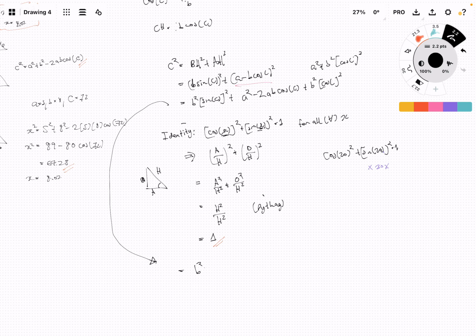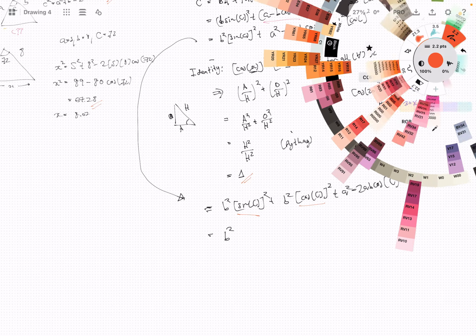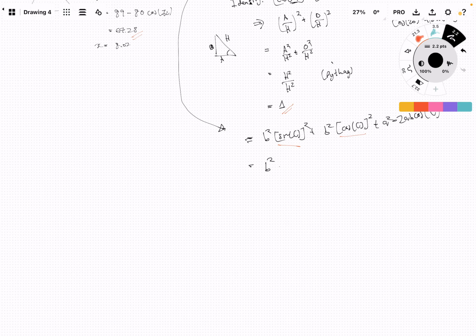Bring this: b squared sine c squared plus b squared cos c squared plus a squared minus 2ab cos c, which is just b squared times sine squared plus cos squared. Notice how these two add up to 1, so you just have really 1 times b squared. This becomes b squared, and you have plus a squared minus 2ab cos c.